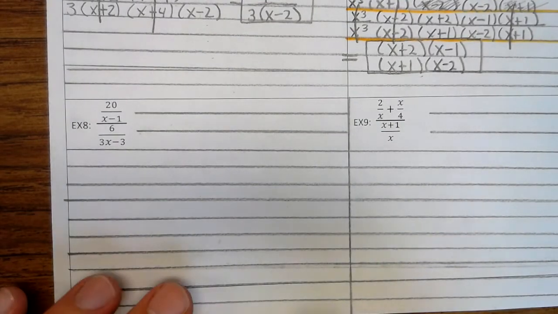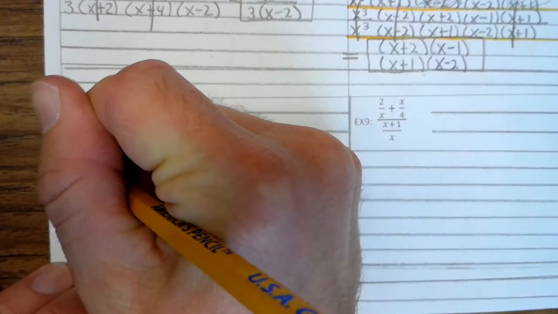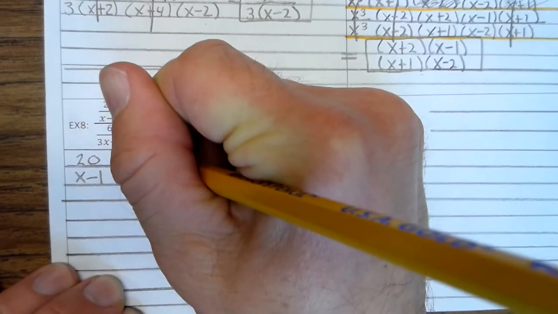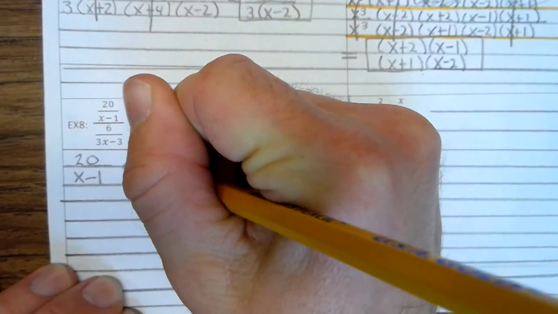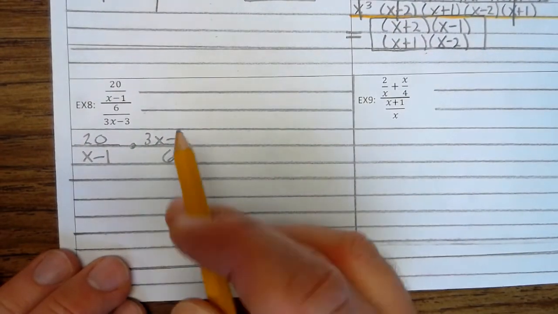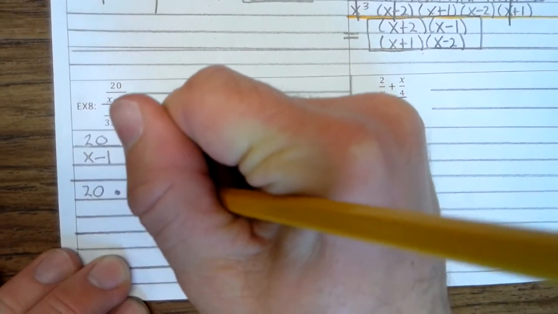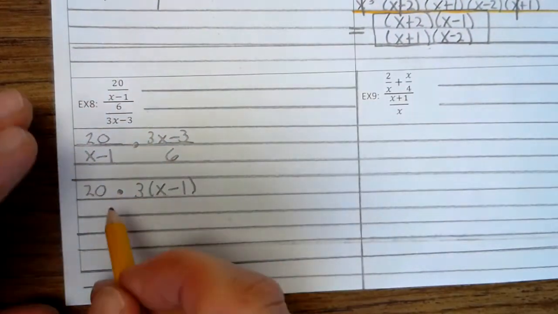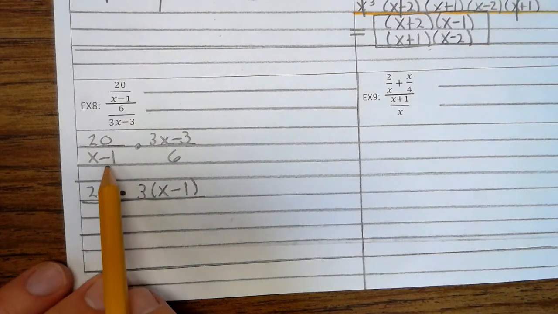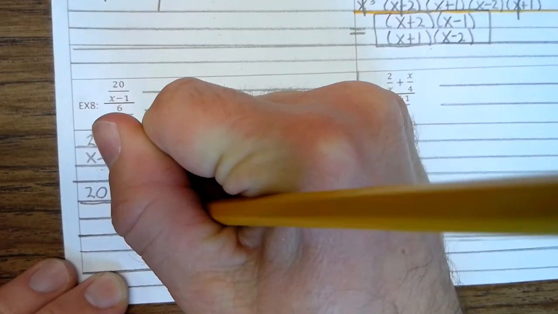All right, when you divide by fractions, you flip and multiply. So then that's 20 divided by x minus 1 times 3x minus 3 divided by 6. Okay, so again, we want to factor what we can, so that's 20 times 3 times x minus 1 divided by, and see, at this point you want to put the order, instead of putting x minus 1 times 6, you want to put 6 times x minus 1.